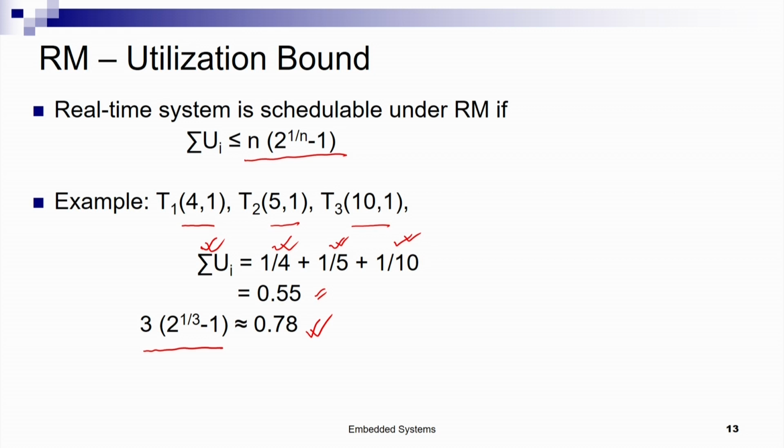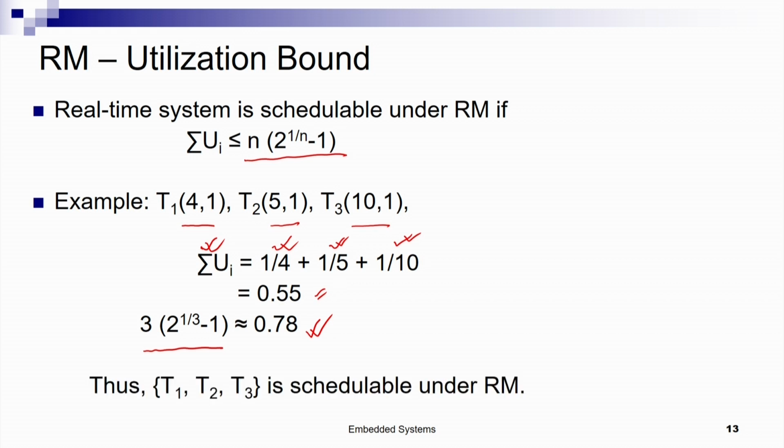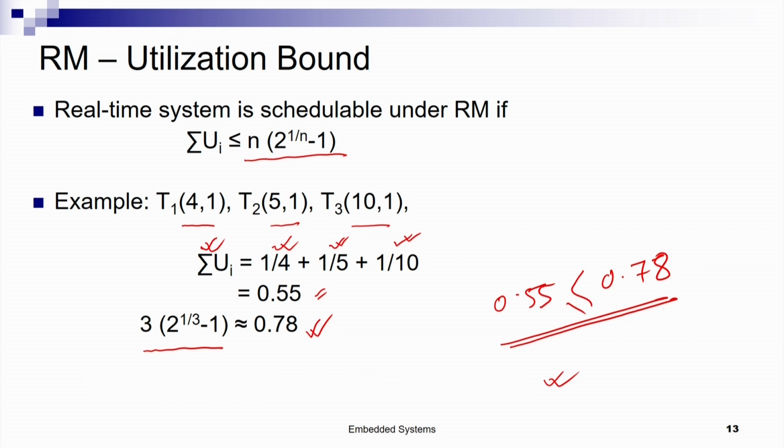So, this ensures that these 3 tasks are schedulable under RM. Why? Because 0.55 is less than 0.78. So, because this condition is satisfied, I know that these 3 tasks will always be schedulable under RM and will never miss a deadline. But we saw that the earlier task set that we saw here missed a deadline.